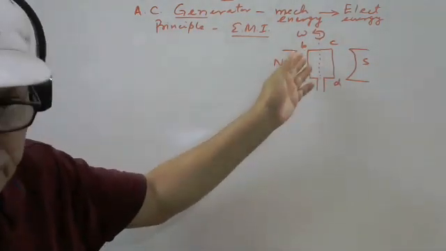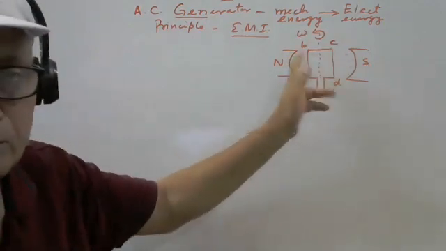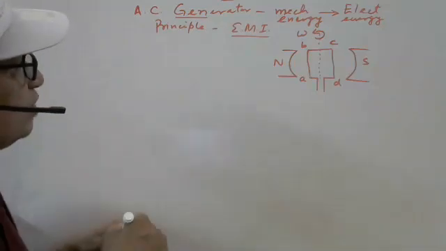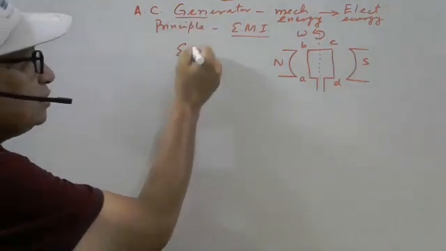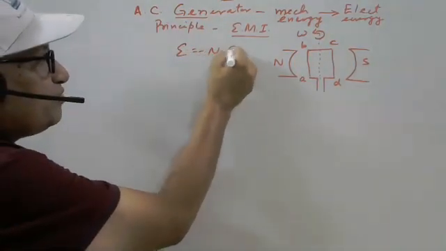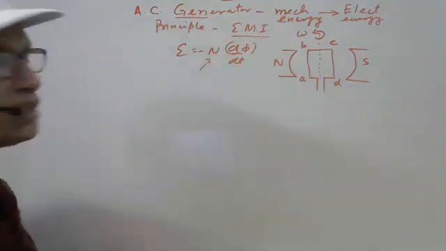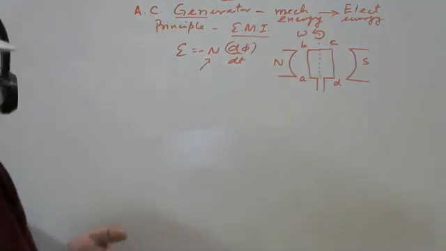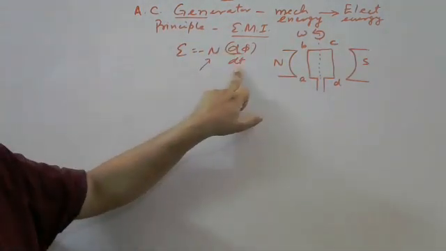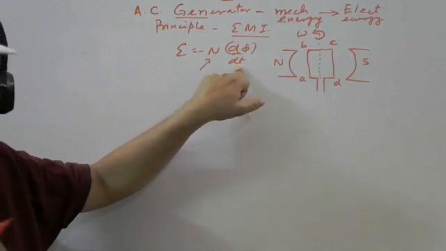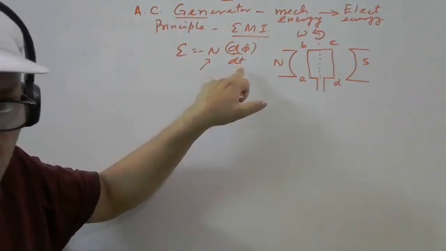Because of this, induced EMF develops because of the flux change. We know with this formula that induced EMF is directly proportional to d phi by dt and the number of turns. With more turns, more induced EMF develops. And the rate of change of flux linkage must be very large.